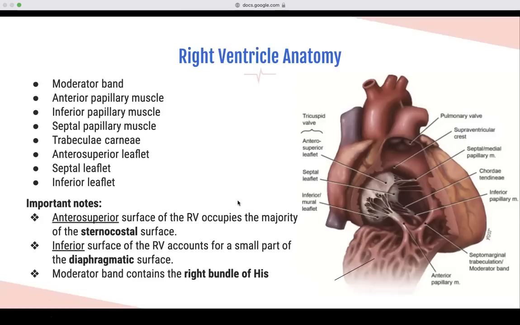I have a question. What's the difference in function between the pectinate muscle in the atria and the trabeculae carneae in the ventricles? From what I remember, I think it was to withstand the pressure of the contraction. That's what I read, but I'll make sure and send you an actual source. That's for the trabeculae carneae, right?